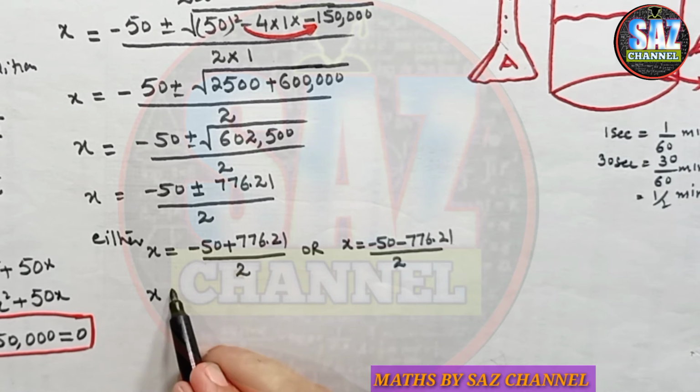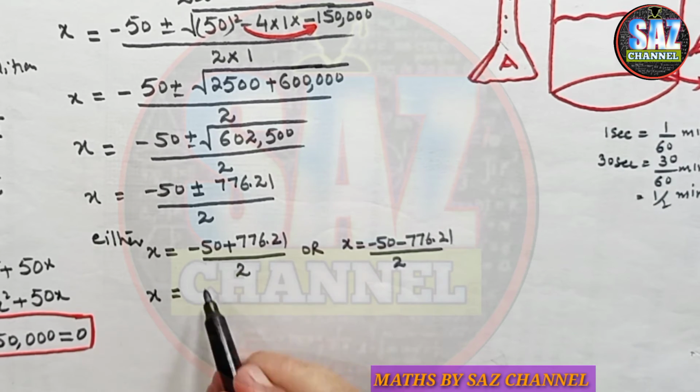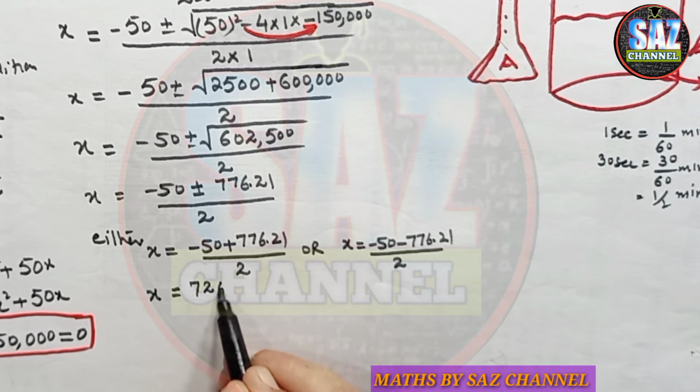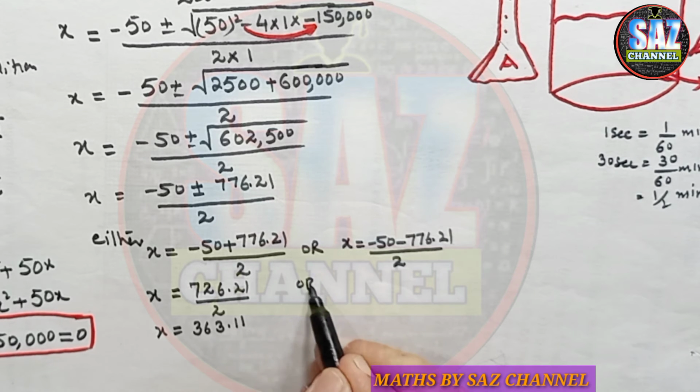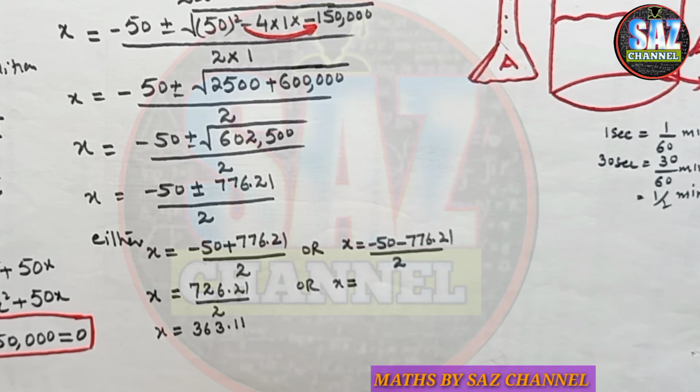So x equals 776.21 minus 50, that will give me 726.21 upon 2. Divided by 2 will give me x equals 363.105, which can be taken as 363.11.